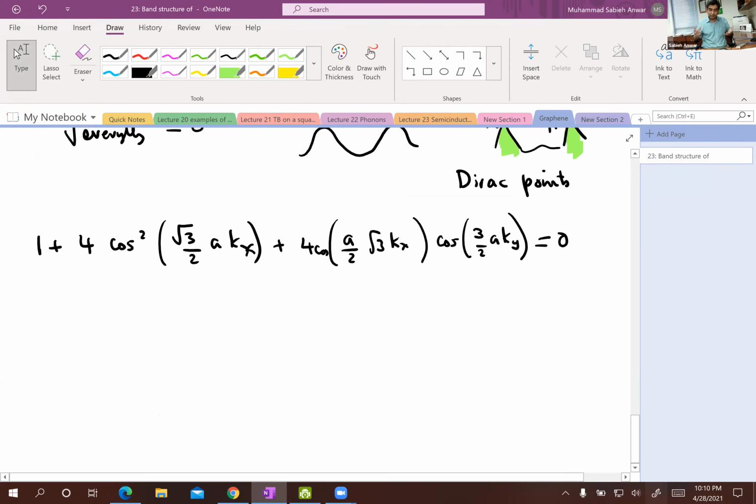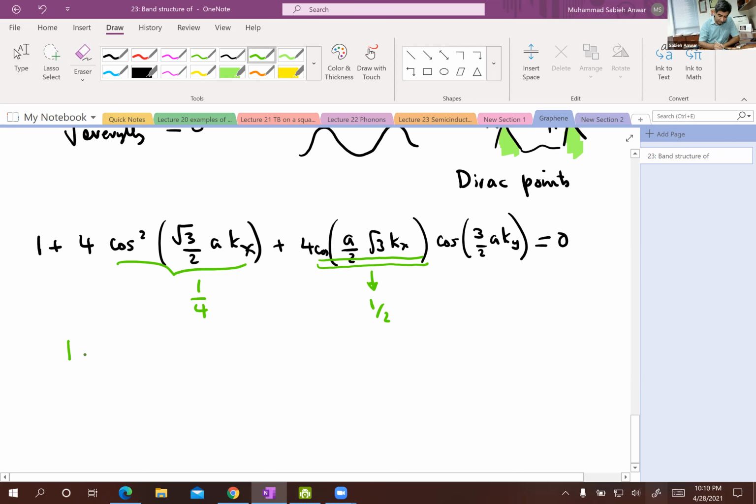Now I have one equation which is some trigonometric function of kx and ky, and I want to put this equal to 0. So I can come up with some trials. Suppose this term here equals half. Right, so if this term equals half, then this term equals 1 by 4.